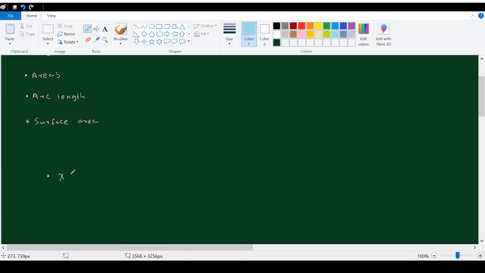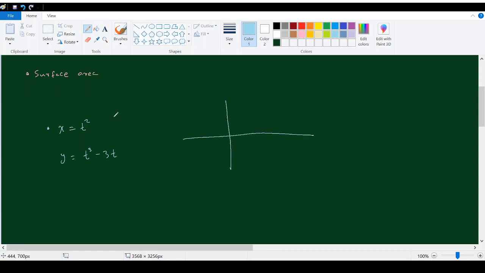Let's say x is described as t squared. Remember, this is the way that we represent x and y coordinates in the parametric format. So let's say x and y are described like this, then there will be a certain curve originating from these x and y coordinates.